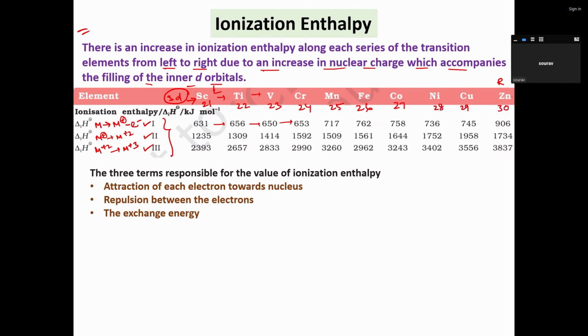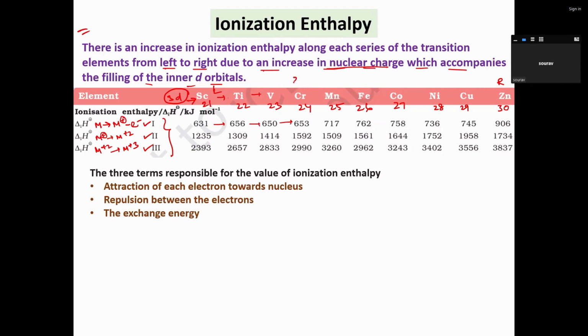Moving from left to right, one electron is added to the d orbital, and simultaneously the nuclear charge is increasing, so the effective nuclear charge on the last electron also increases.